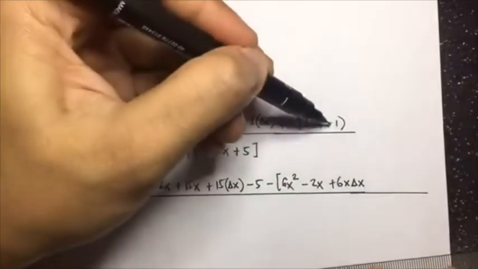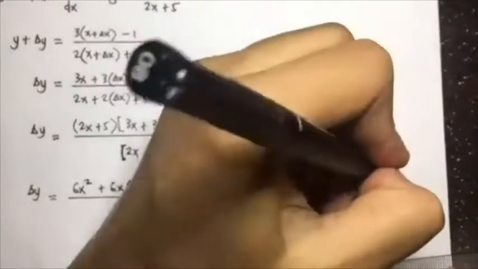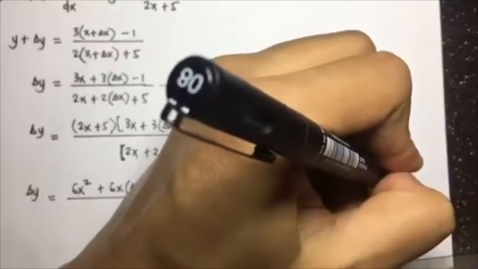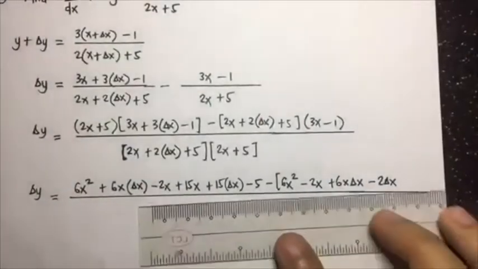And 2 delta x times negative 1, so minus 2 delta x.